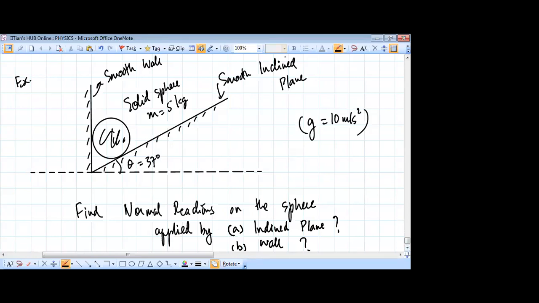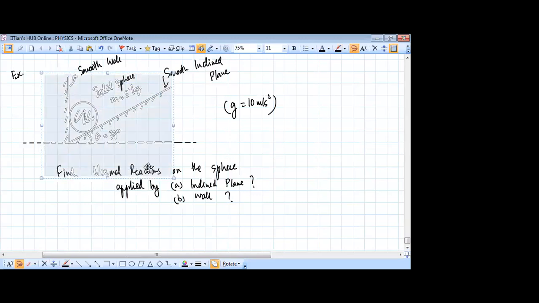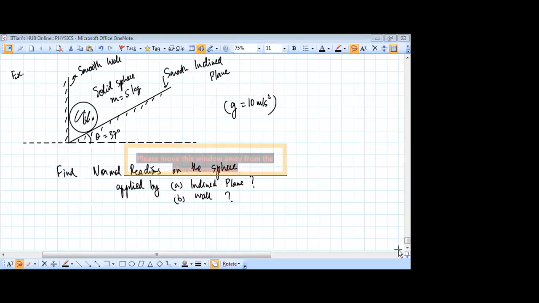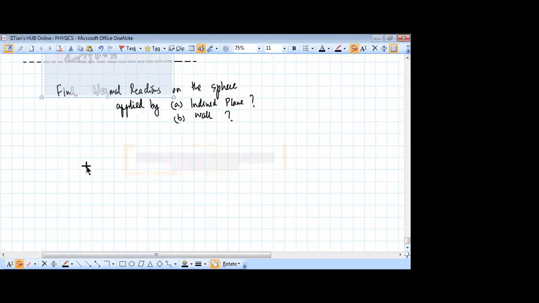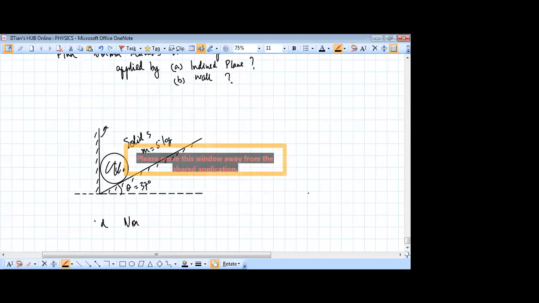Okay, so again, in the interest of saving a bit of time, let me see if I can recycle the diagram a little bit. Just a minute. I'll reshare the.